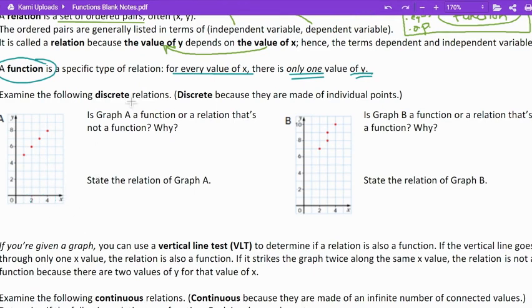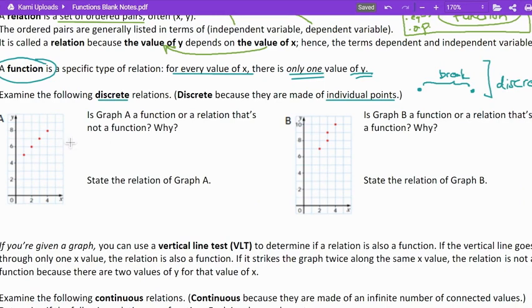So let's look at these examples. These examples shown in A and B are discrete relations. Discrete is because they are made of individual points. So there is a point, and then there is a break between. This is a discrete function when there is a break between the 2 points.